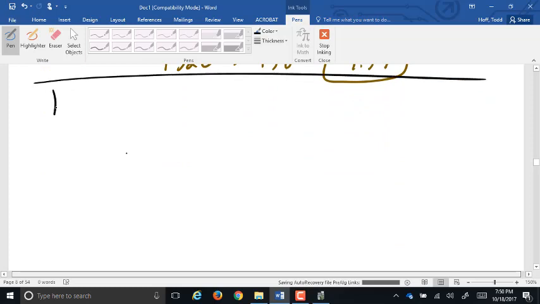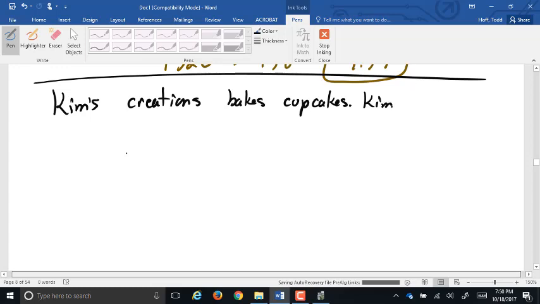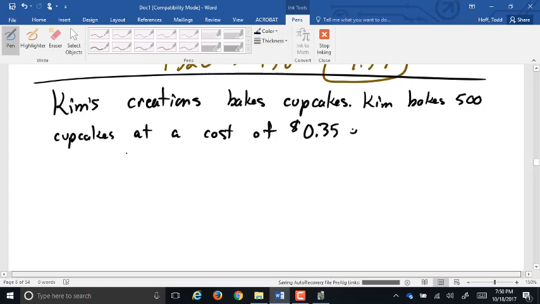So, Kim's Creations bakes cupcakes. Kim bakes 500 cupcakes at a cost of 35 cents each.